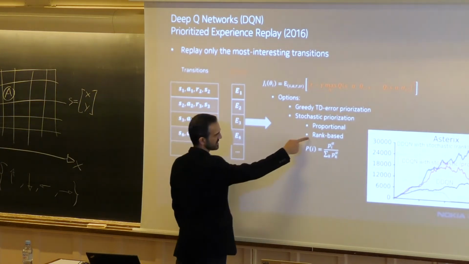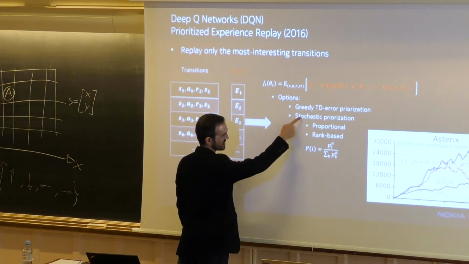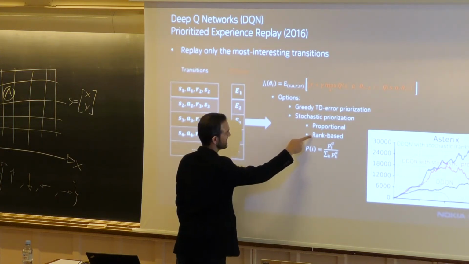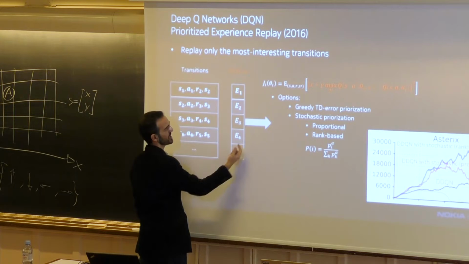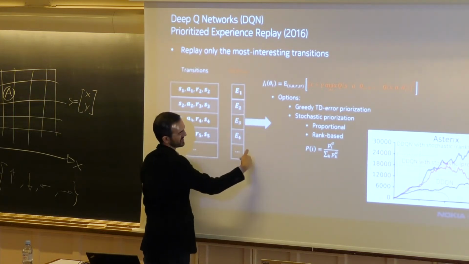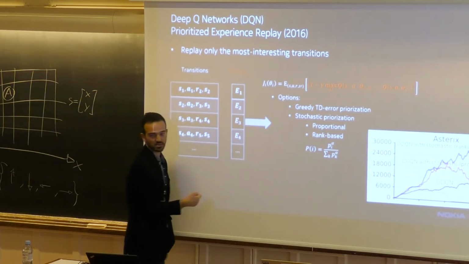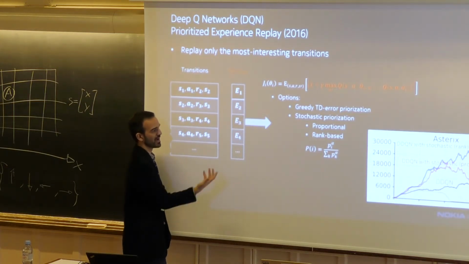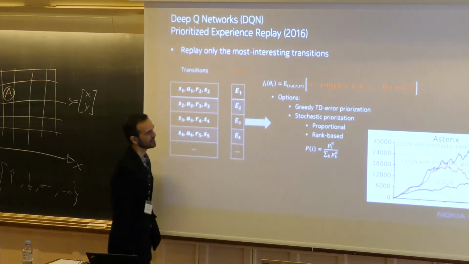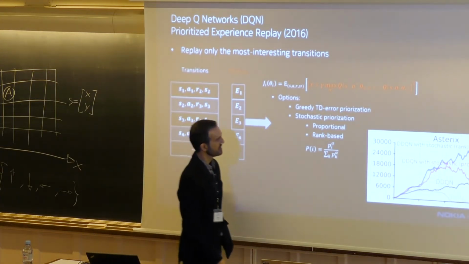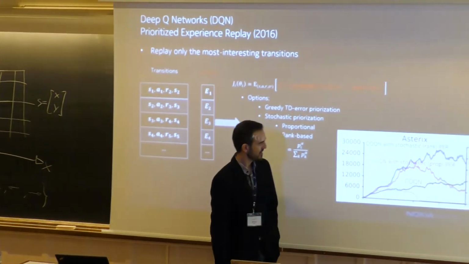And then the third approach is called rank-based stochastic sampling, which basically means that we still store the errors, but then we assign a rank, which is basically a cardinality, to each transition, and we use that rank to compute the sampling probabilities. And this again provides many performance boosts.